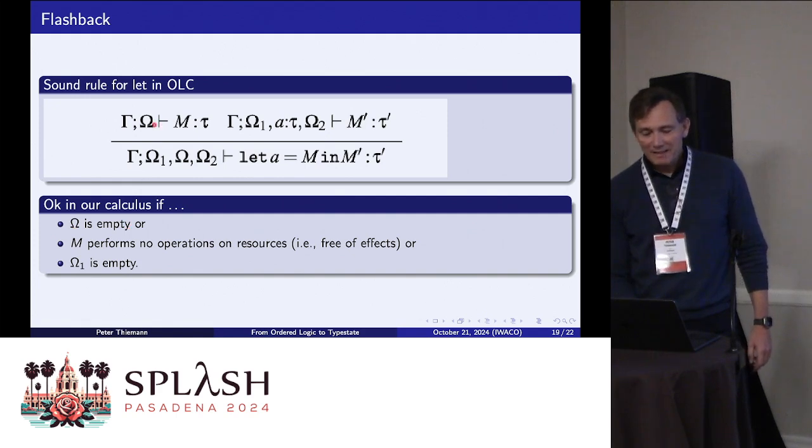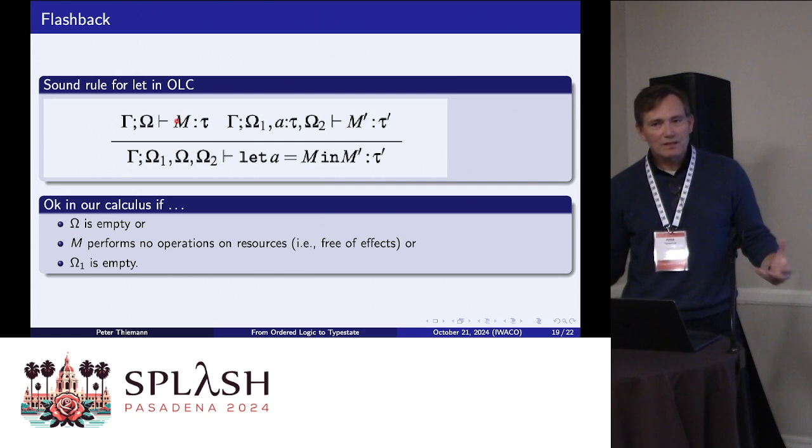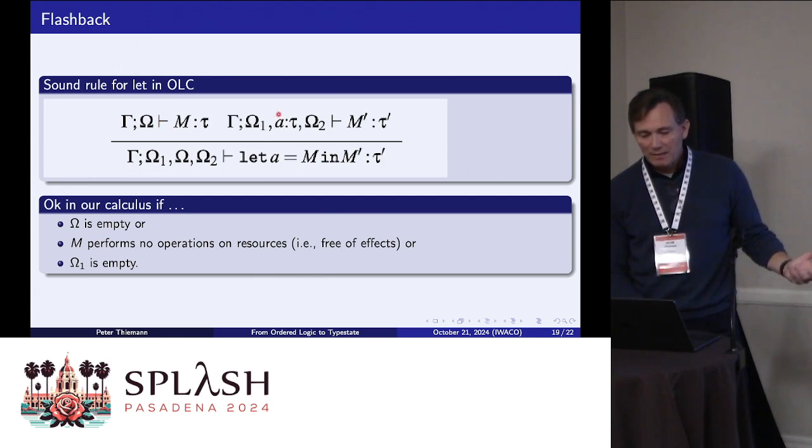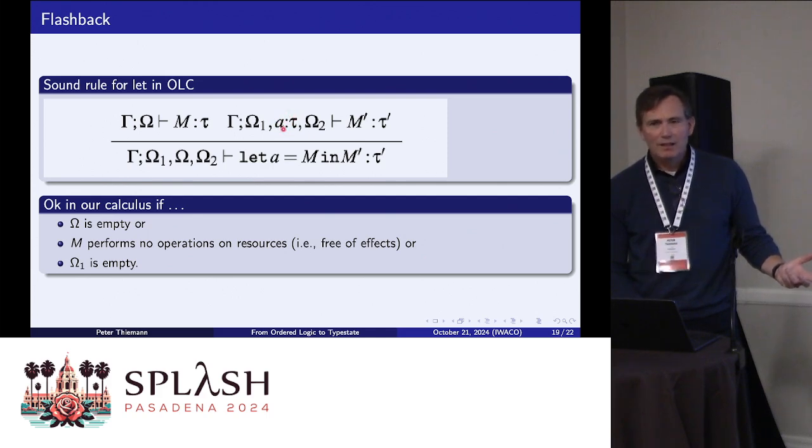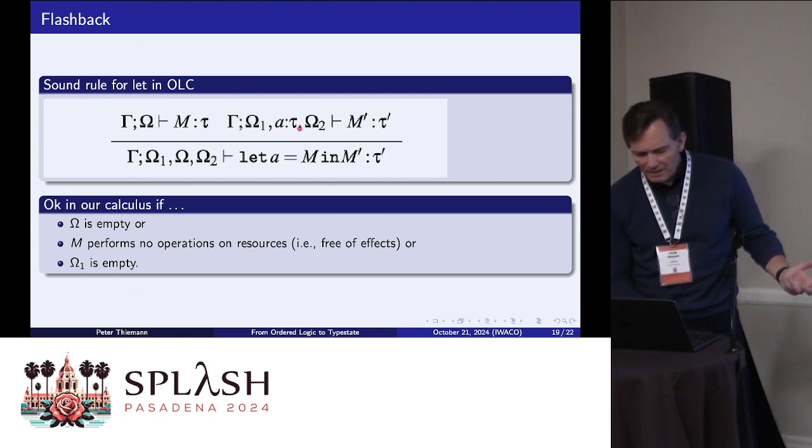If omega is empty, then the only thing that can happen inside of M is that it can allocate new resources. So if tau contains any resources, they have to be fresh, because I didn't feed anything in. So that means I can put it safely in the middle of this context, although I wouldn't really want to do that. So this should be semicolon, sorry.